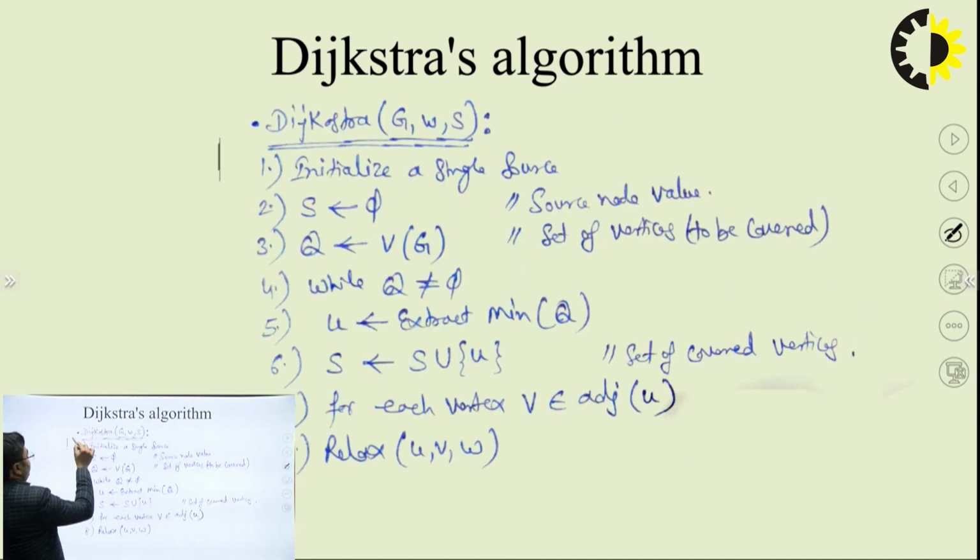Next is Dijkstra: for a graph G with weights that gives the shortest path, and a single source S. First we initialize a single source, as we have seen.